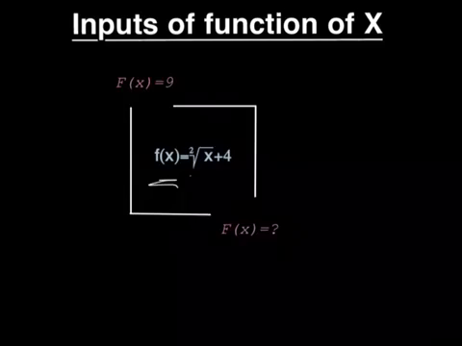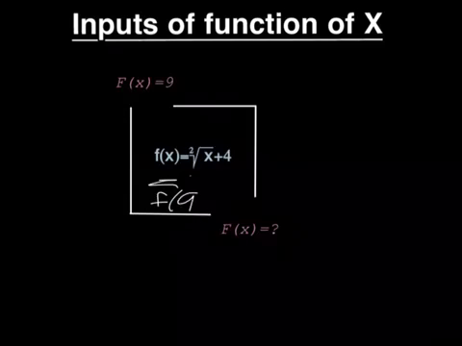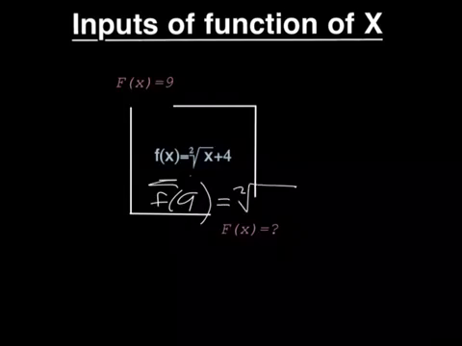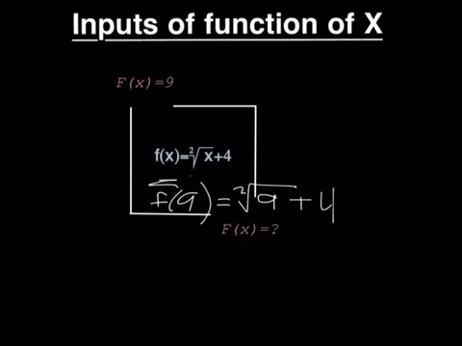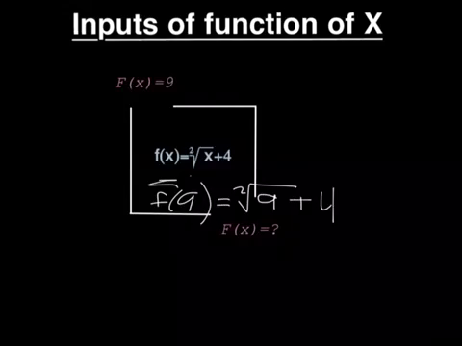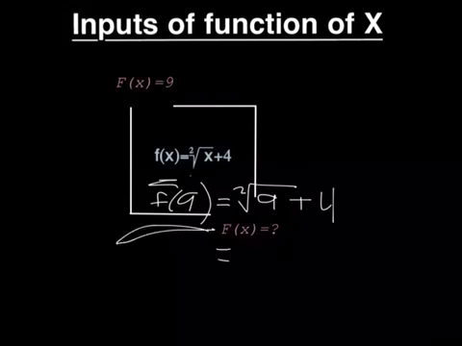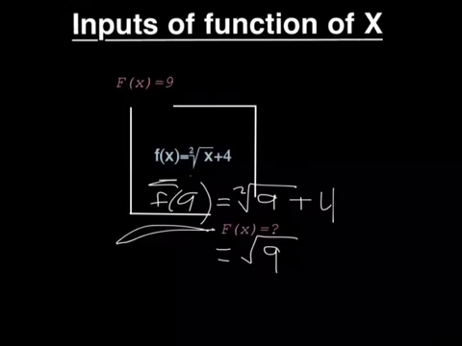We are going to replace that with f of 9 equals the square root of 9 plus 4. So the way we are going to do that is, we're going to skip this part since that's always going to be the same. The square root of 9 equals 3.